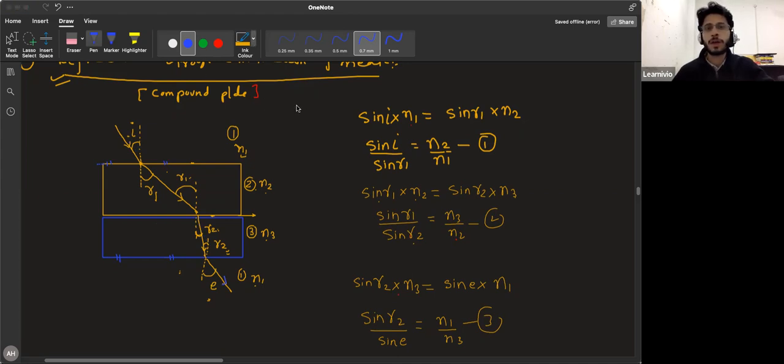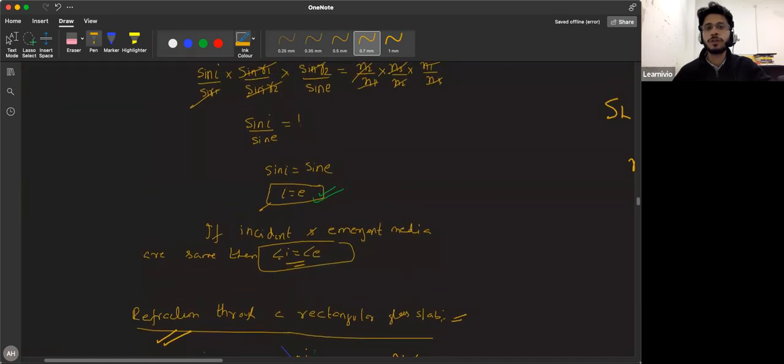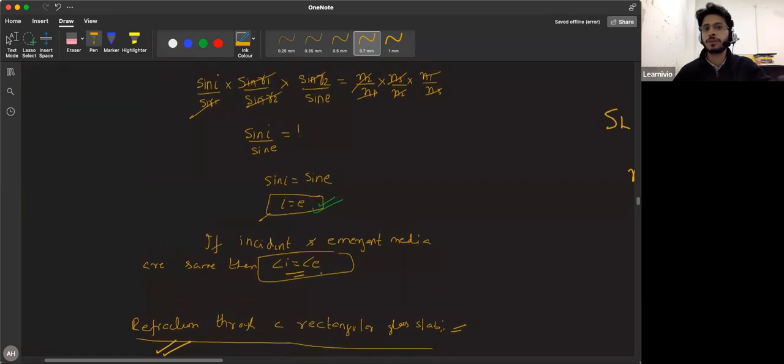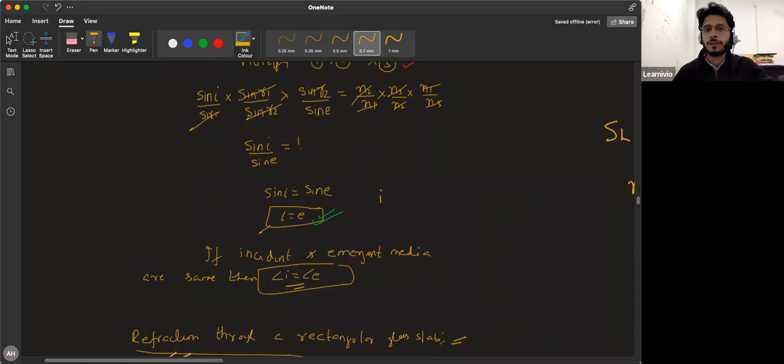Here the faces are parallel, so I is equal to E, and incident and emergent media are the same. That incident ray is parallel to the emergent ray. Incident and emergent rays are parallel.